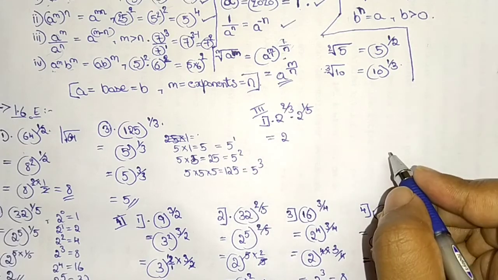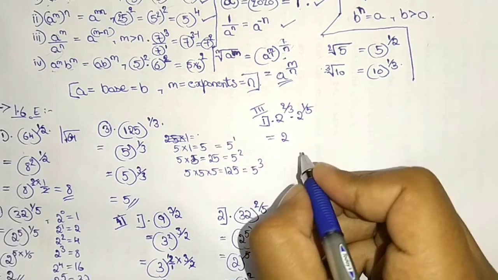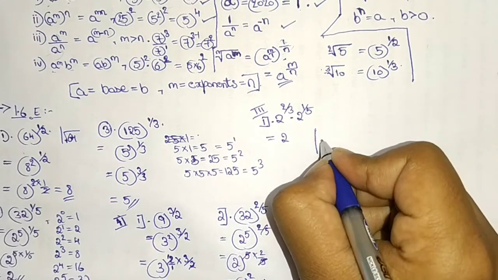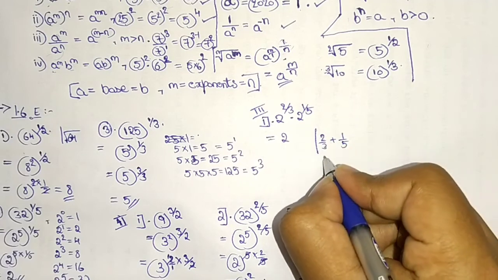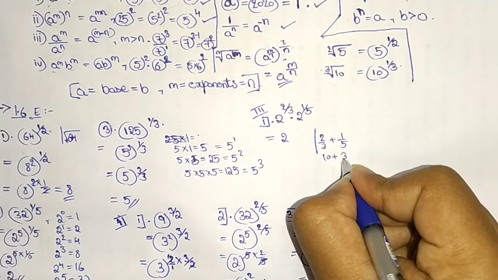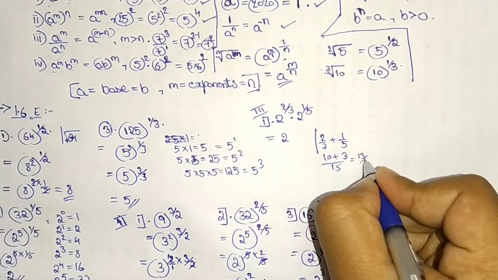2 by 3 plus 1 by 5. What is 2 by 3 plus 1 by 5? Take LCM. Multiply: 10 plus 3 divided by 3 into 5 is 15, going to be 13 by 15.